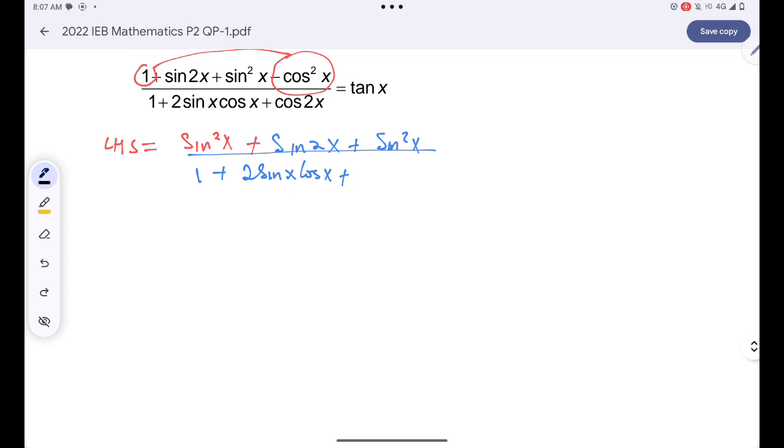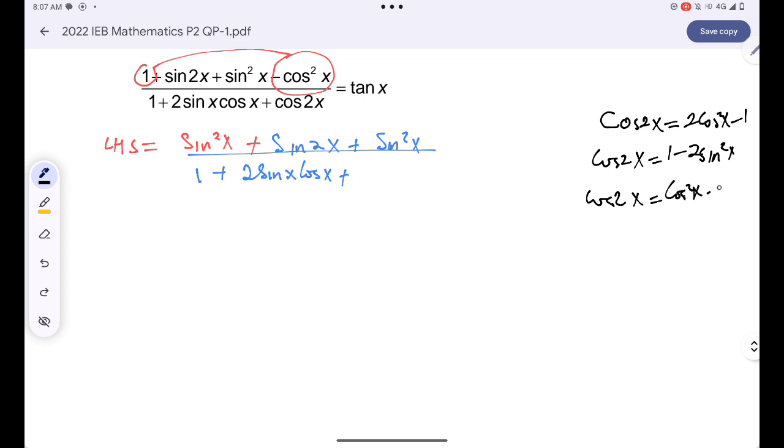Remember that we have three of the double angles, right? We have cos 2x is equal to 2 cos squared x minus 1. Cos 2x is 1 minus 2 sine squared x, and then cos 2x is equal to cos squared x minus sine squared x.